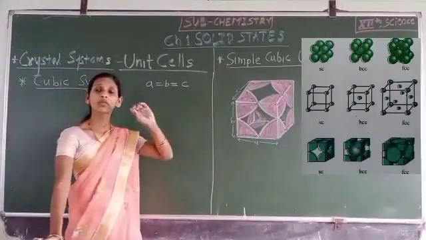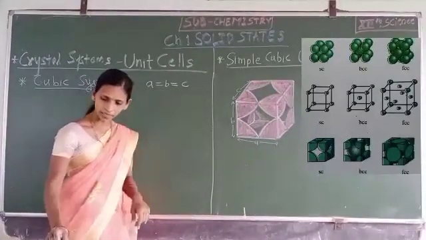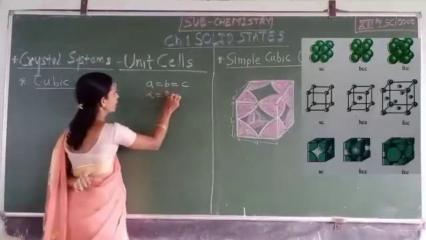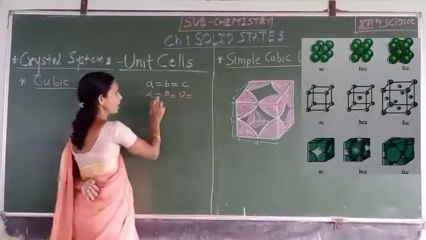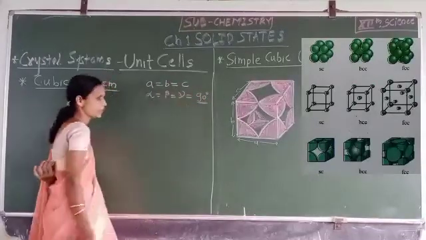All edges of the cubic unit cell are the same, as well as the angles alpha, beta and gamma: all angles are equal and measure 90 degrees.